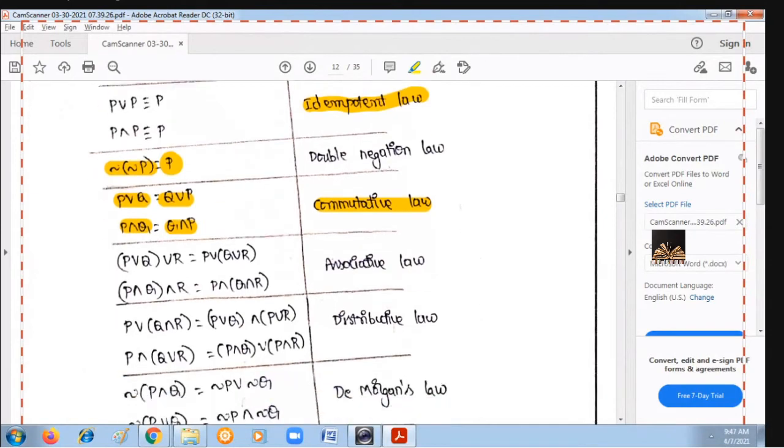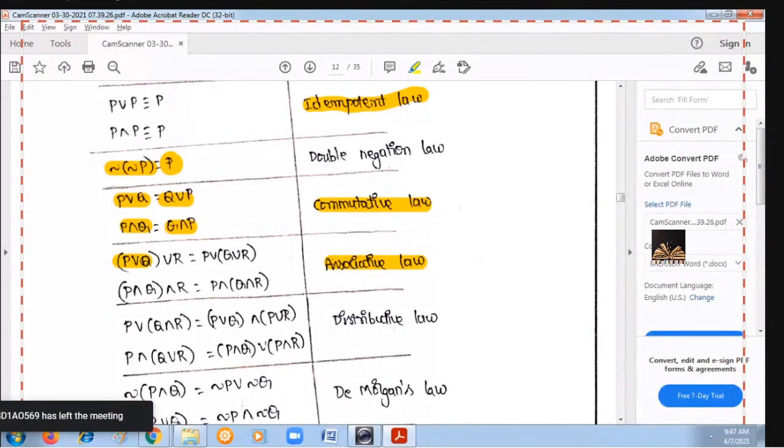Next, associative law. Associative law means something like A plus B plus C can be equal to A plus B plus C with different grouping. Similarly for A minus B minus C. Same thing here.